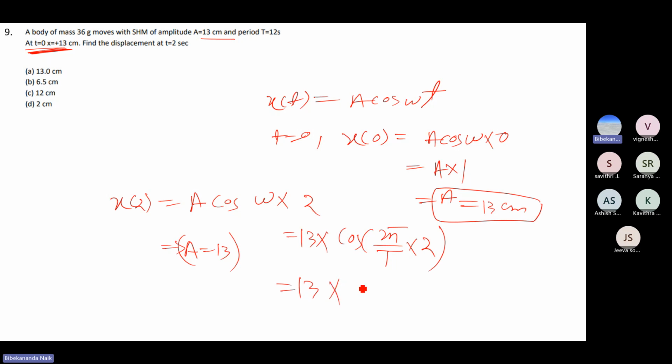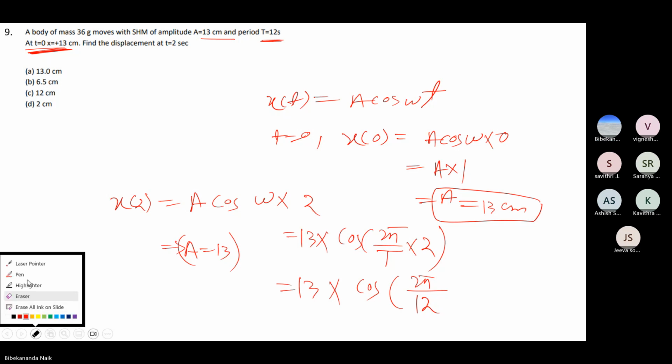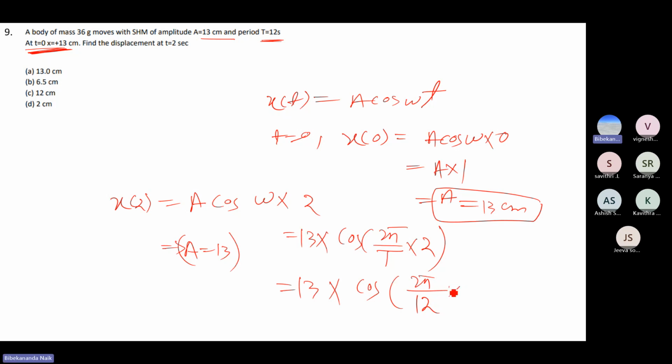It is 13 into cos 2 pi divided by T, T is also given, T is 12 seconds. We don't need the unit here. 12 into 2, it will be 13 into cos pi by 3.